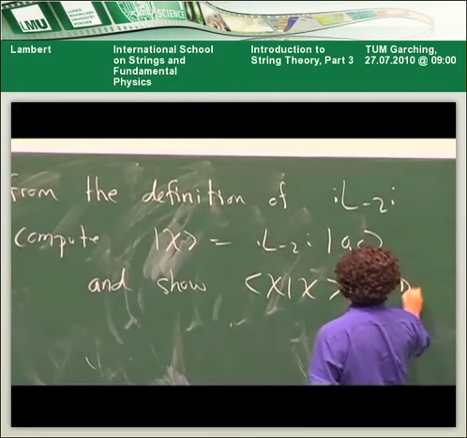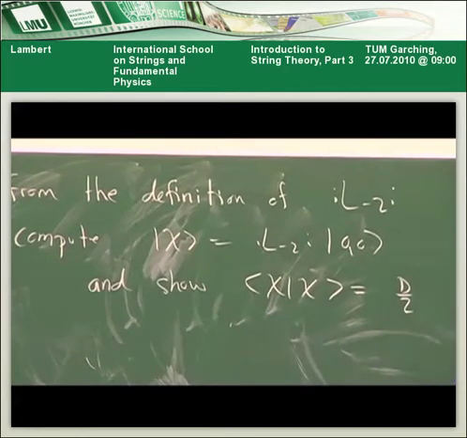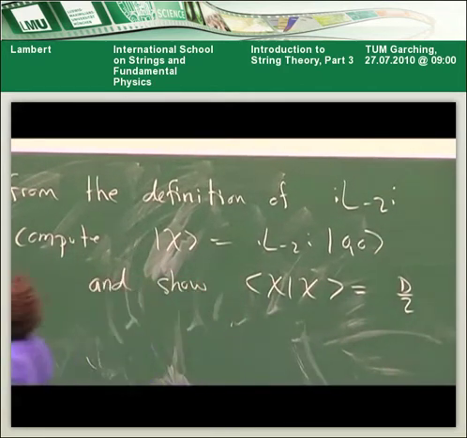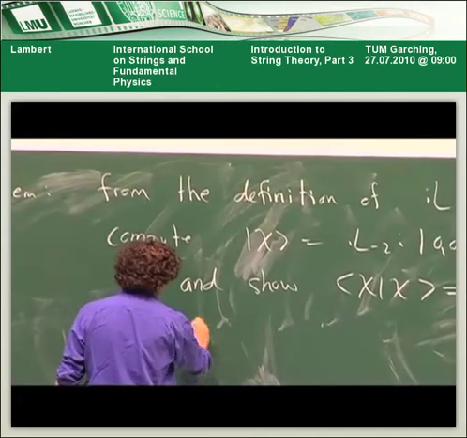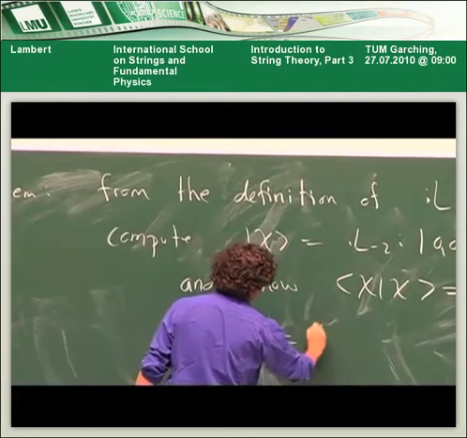D over 2. That's, of course, assuming the vacuum is normalized to 1. So the bottom line is that you get that C1 is D over 12.